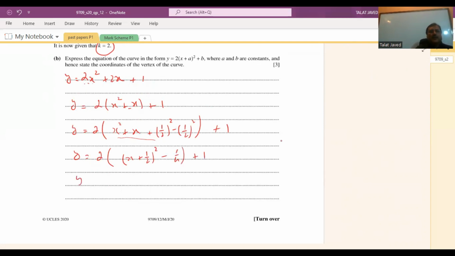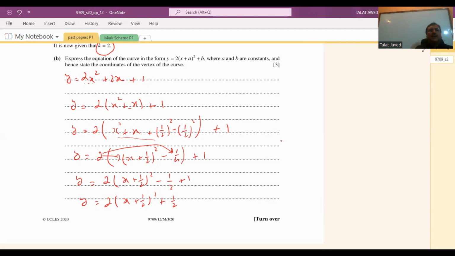Now we expand: y equal to 2 into (x plus 1 over 2) whole squared, minus 2 multiplied by 1 by 4, plus 2 multiplied by 1. So y equals 2 into (x plus 1 over 2) whole squared plus 1 by 2. This is the completed square form.